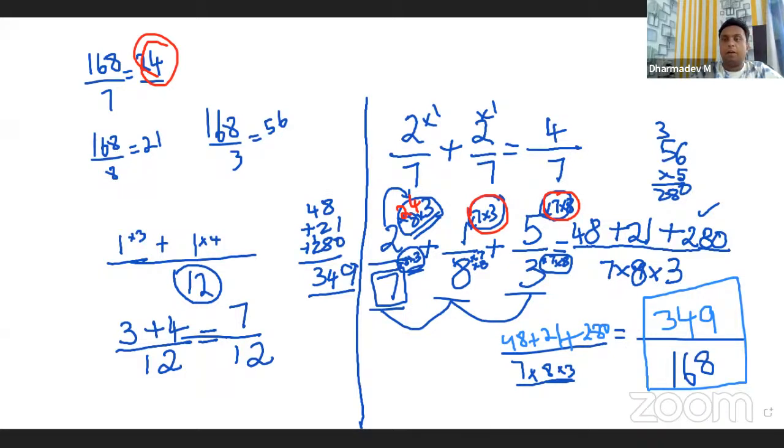No. 349 is not divisible by 7, for sure. Try it out. 349 divided by 7. What do you get? I hope you'll get it in decimals.